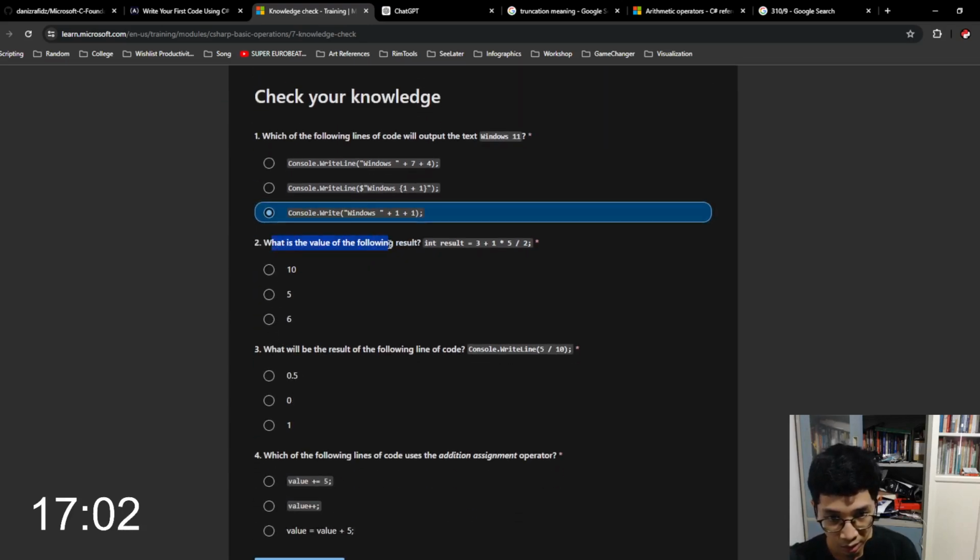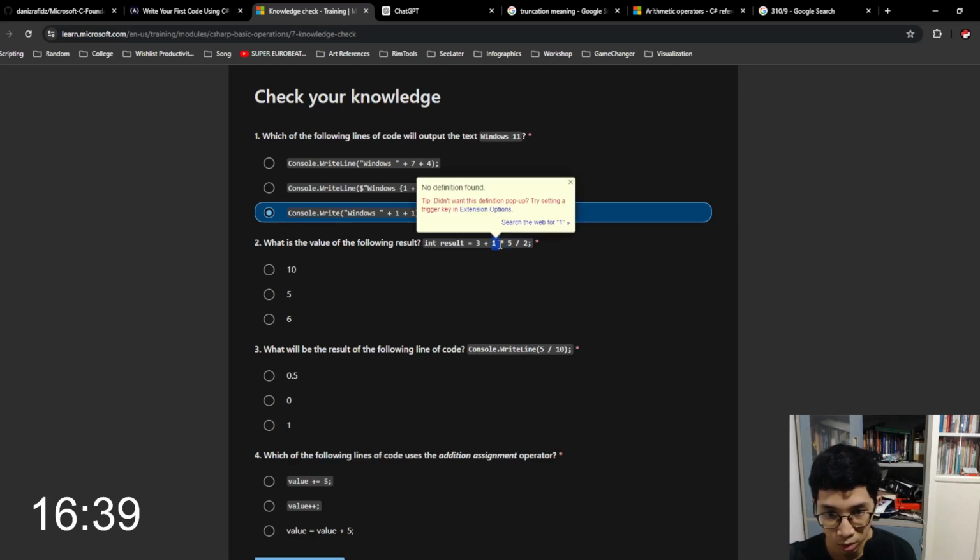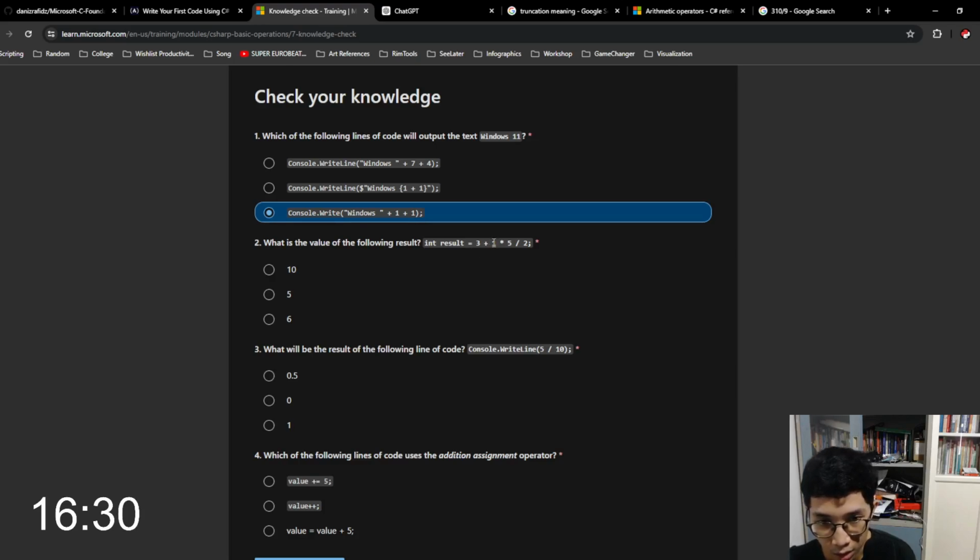What is the value of the following result? So this one, verse, because you have to memorize the priority order of mathematical operators. So 1 multiplied by 5 is equal to 5. 5 divided by 2 is equal to 2.5. Wait, I think I got it wrong here.